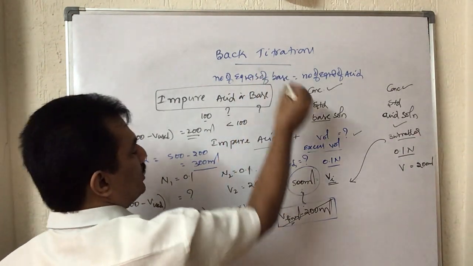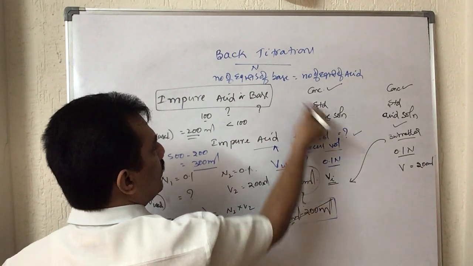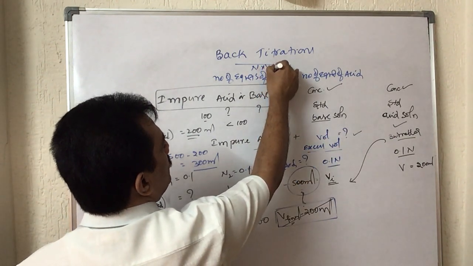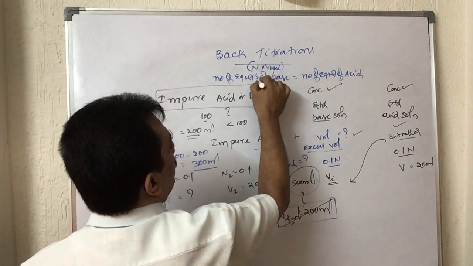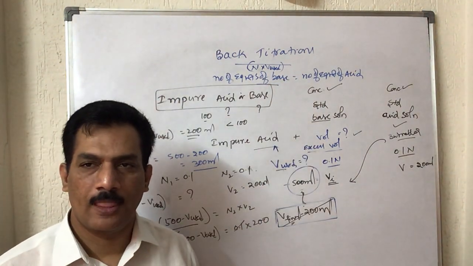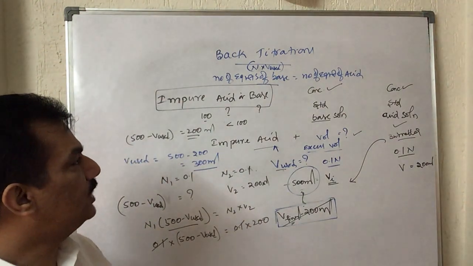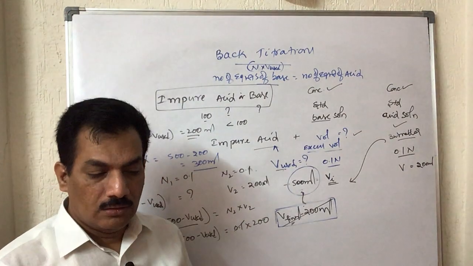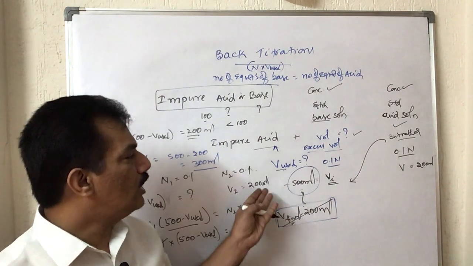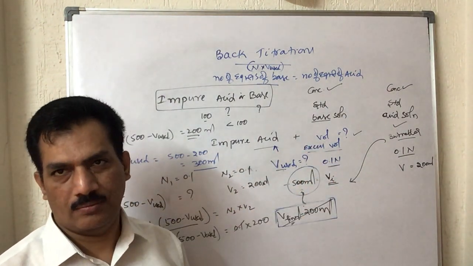This can be measured by the normality, which we already know, into the volume used. With this we are able to get the equivalent weights of the acid, is it not? In a simple manner, when the impure acid is given, we use base first and then it is again titrated with acid.